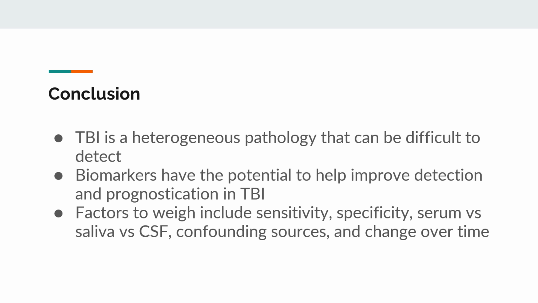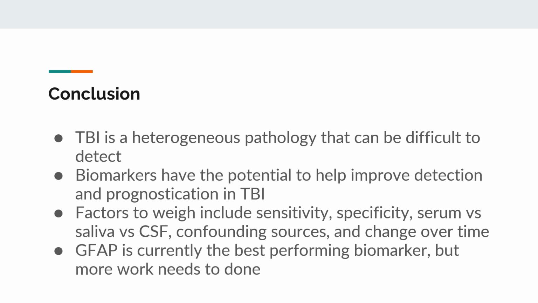Factors to weigh in picking a marker, or really any sort of screening or diagnostic test, are sensitivity, specificity, where we're finding that factor, any confounding sources for that factor, and how that factor changes over time. And among the biomarkers, GFAP seems to be performing the best, but we probably need more work to really bring it to the clinic or see if there's any potential better options.